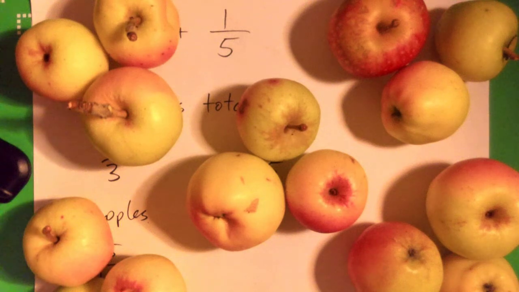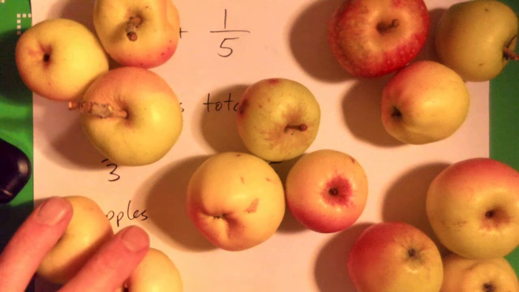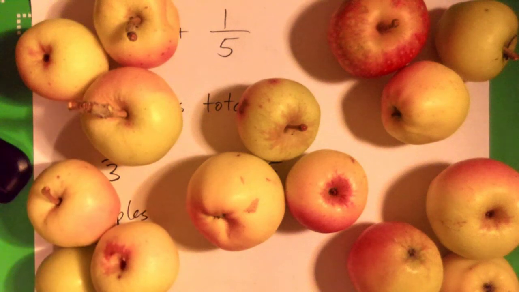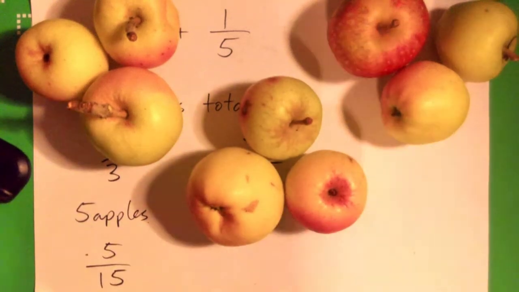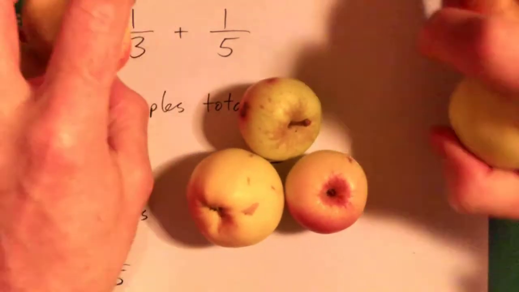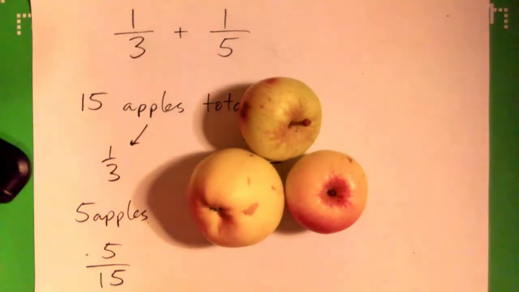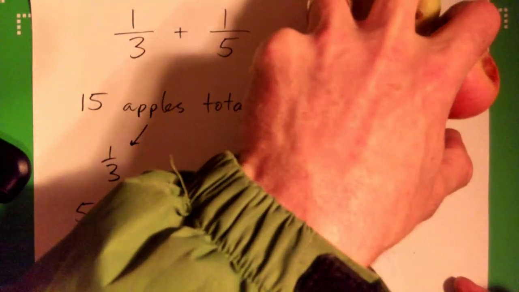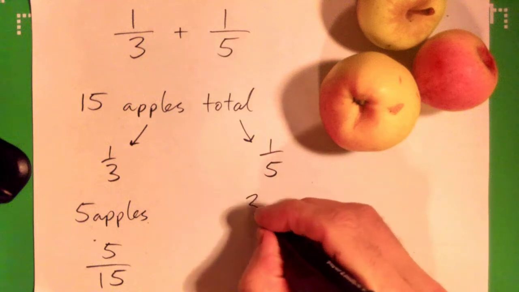But the point is 1/5 of those 15 apples means 3 apples. Okay with that? So 1/5 is 3 apples.